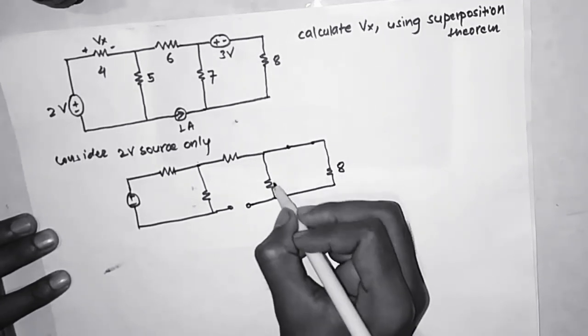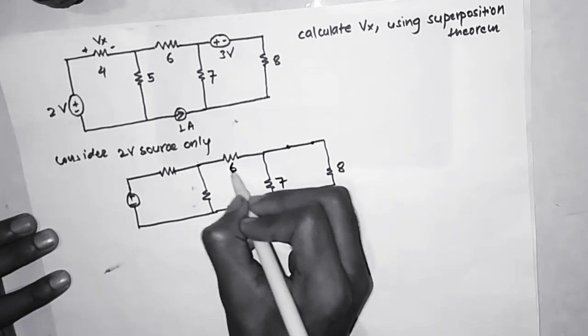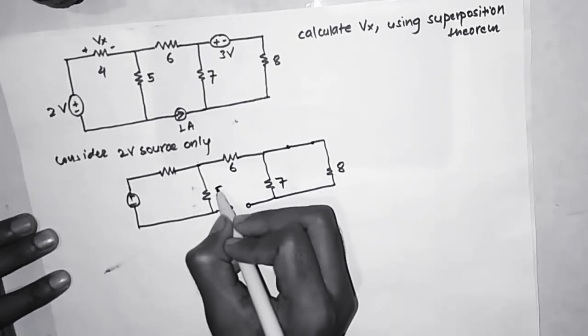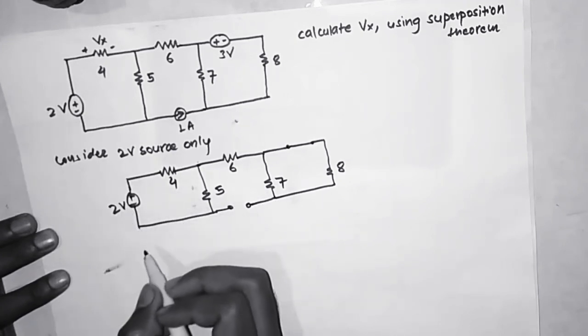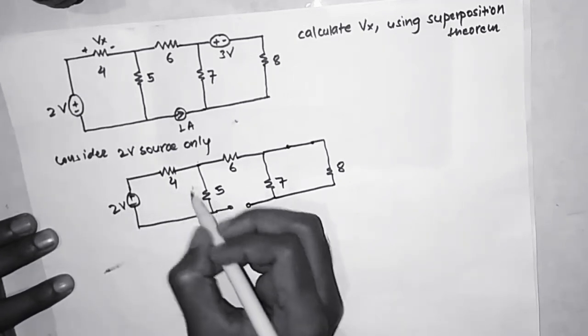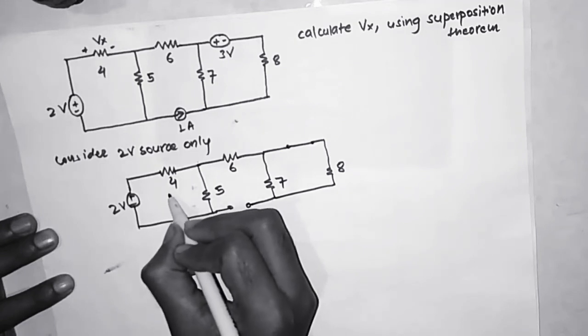Here we have 8 ohm, 7 ohm, all resistances in ohm, 5, 4, and the 2 volt source. First we will solve using mesh analysis.